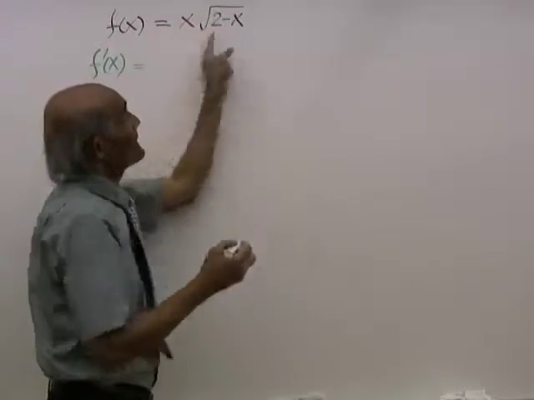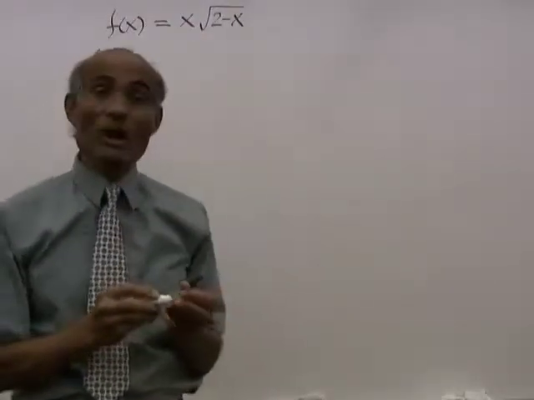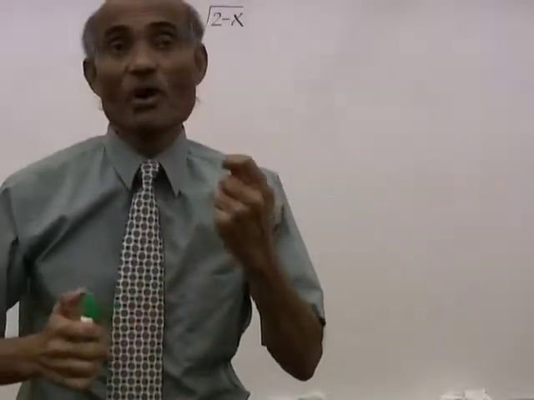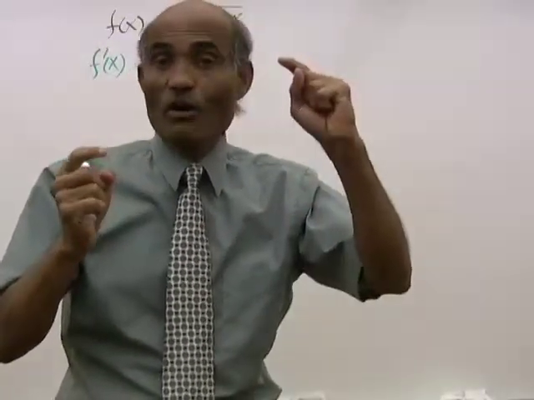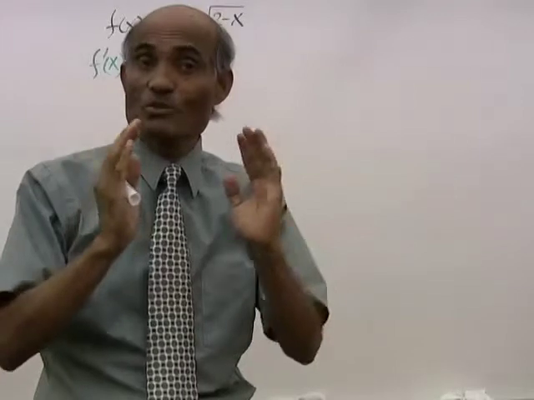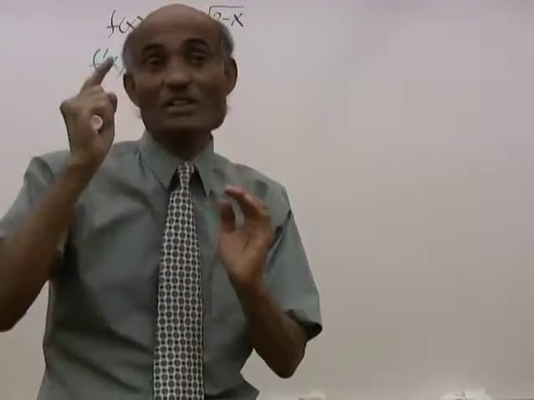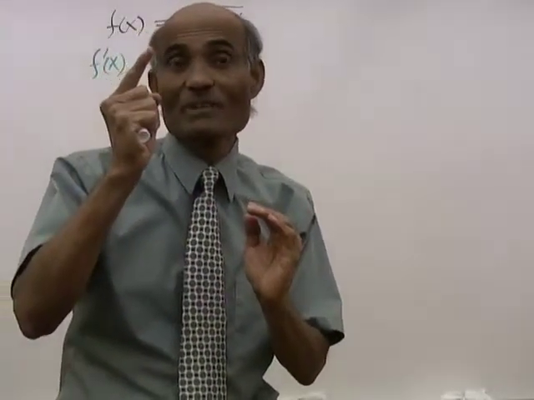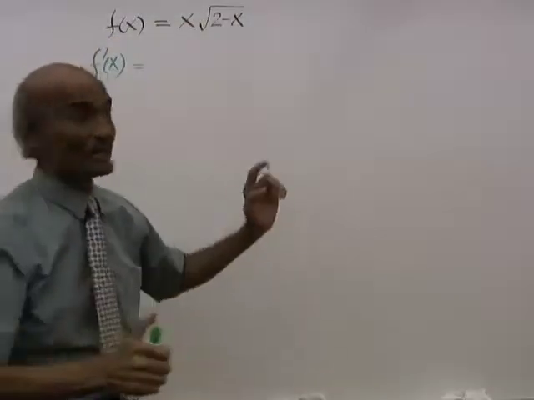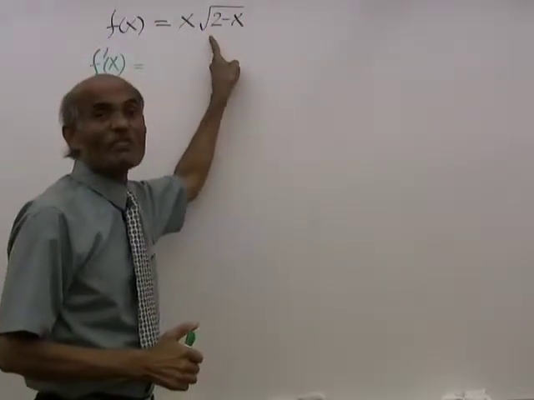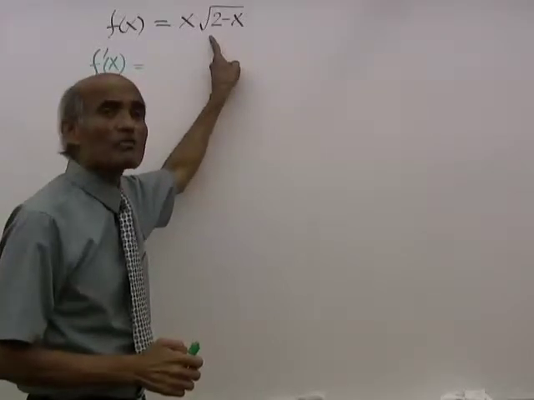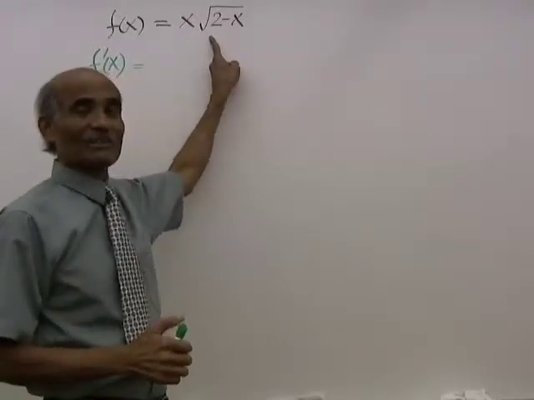Alright, and you should now know very well the derivative of a square root quantity is 1 over 2 square root of that quantity times the derivative of that quantity. Alright, tell me briefly, what is the derivative of square root 2 minus x?